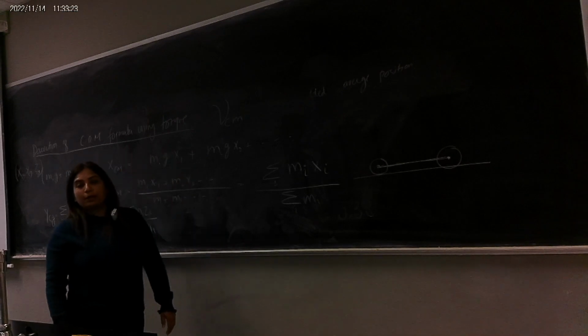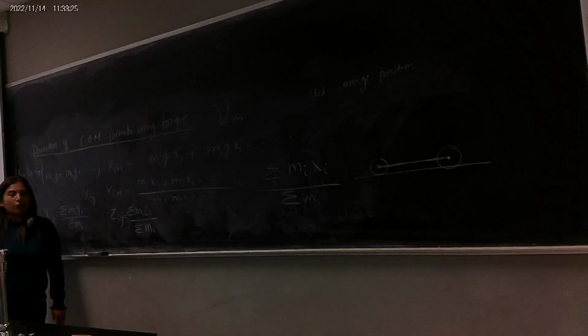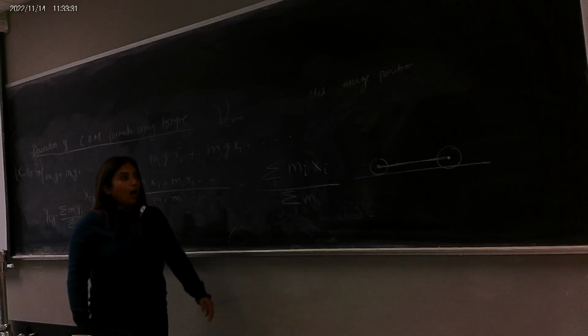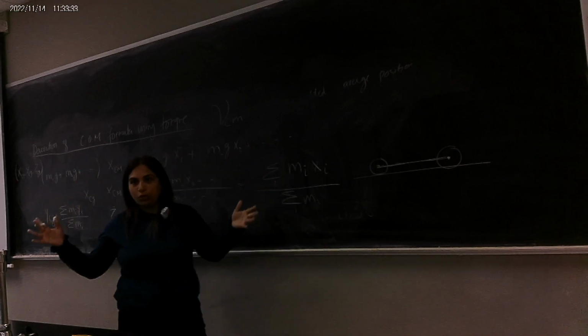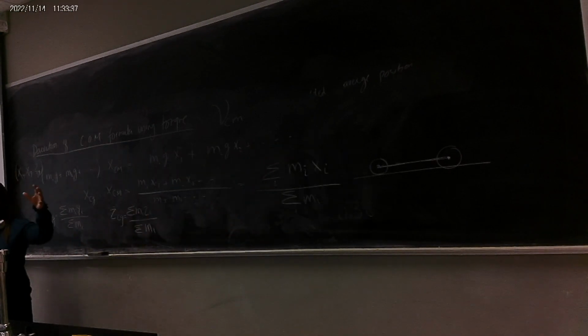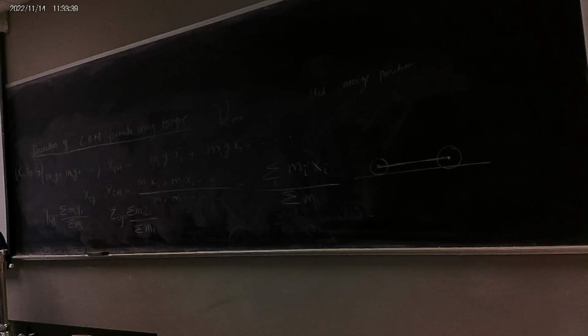You always take distances or the velocities due to the center of mass, not the individual particles, unless the mass is so huge and it's not a rigid body, and the individual particles are too far from the center that you cannot really consider it as a part of one body. You will take it as a whole object, and the whole weight is acting at one point, which is the center of gravity.